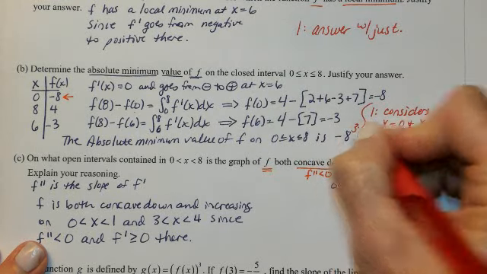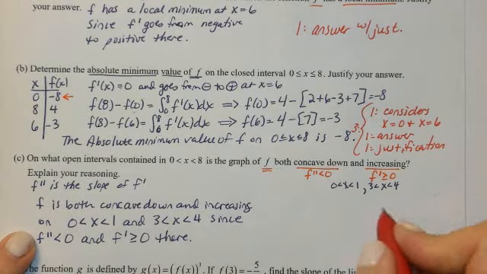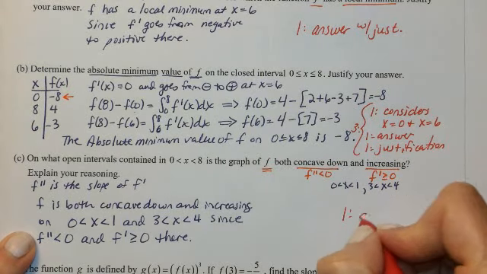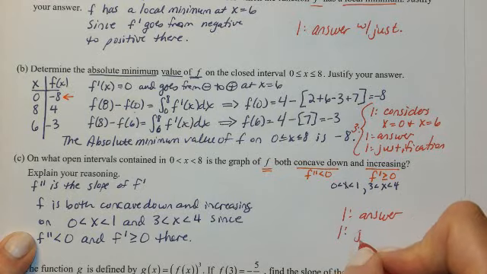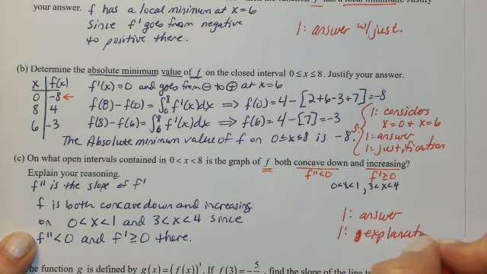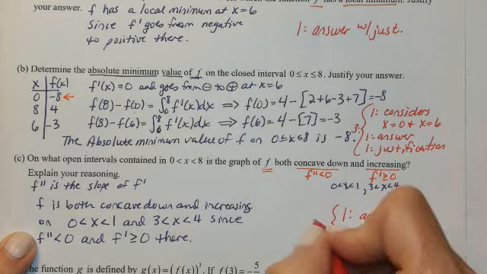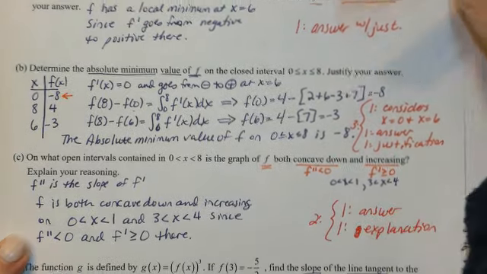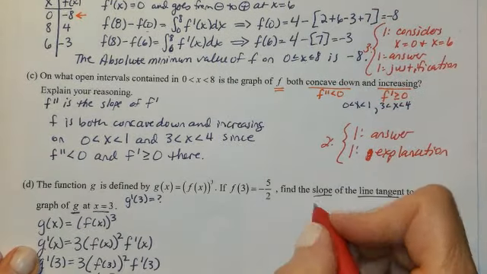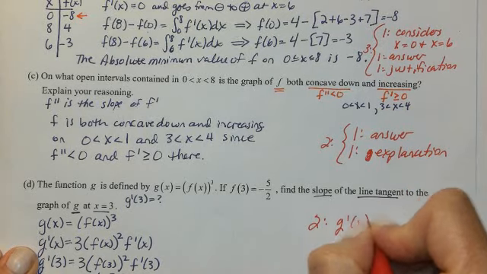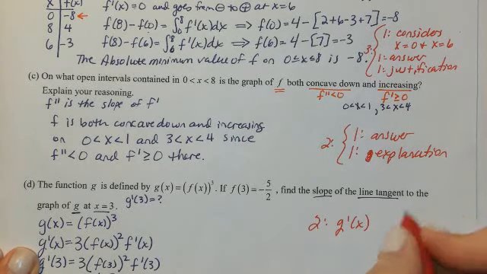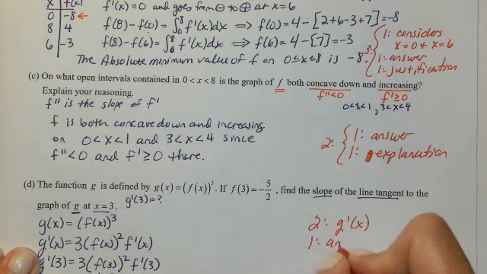Part C was worth 2 points, 1 point for the answer, and 1 point for what they called the explanation. And part D was actually worth 3 points: 2 points for using the chain rule, finding G prime, and 1 point for your answer.